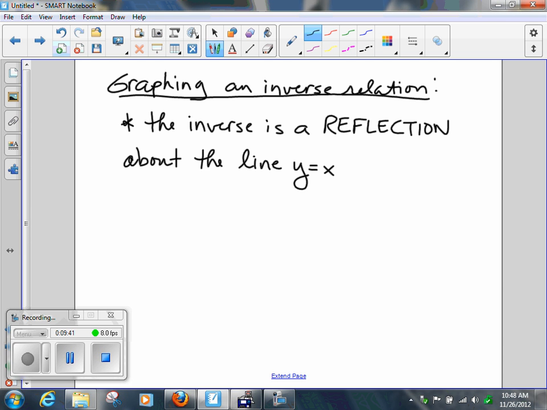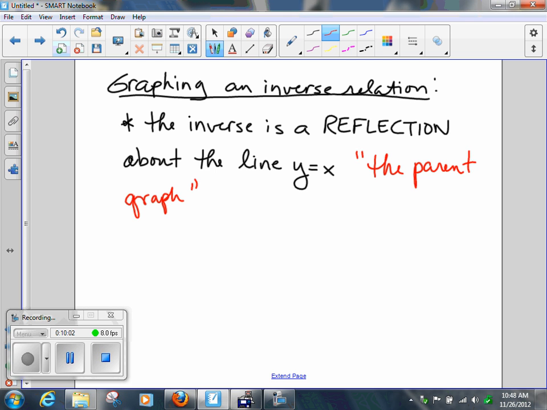What's the line y equals x called? It's called the parent graph. You have a picture of it on that sheet that's in your binder.